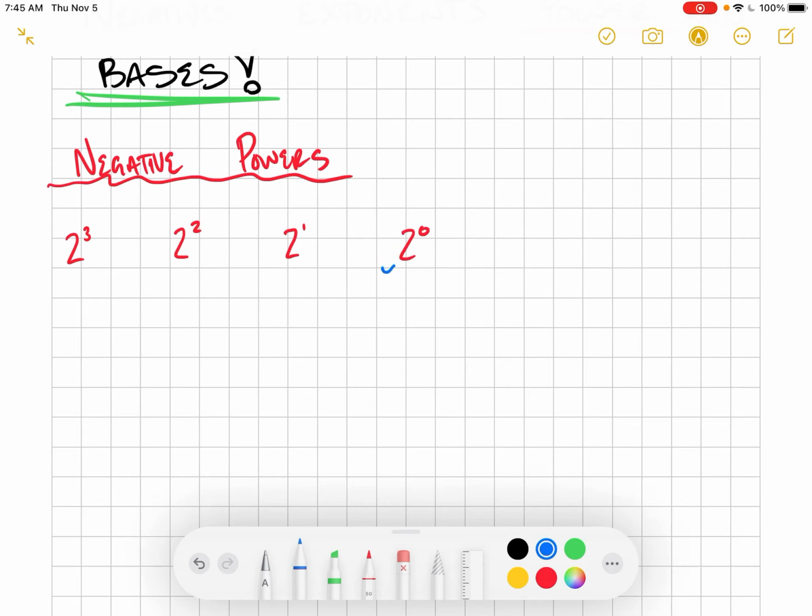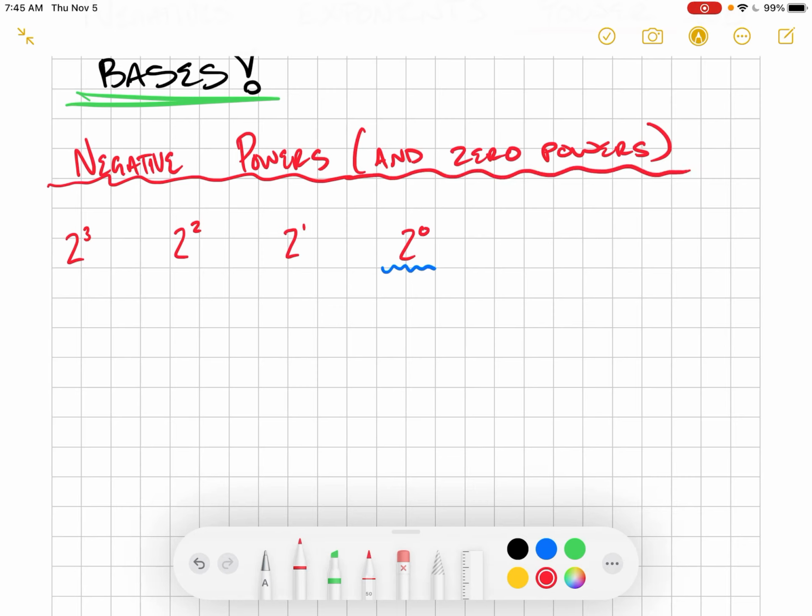We're going to talk about 2 to the 0 power as well, because we need to talk about 0 powers. And then we're going to talk about 2 to the negative first, 2 to the negative second, 2 to the negative third.